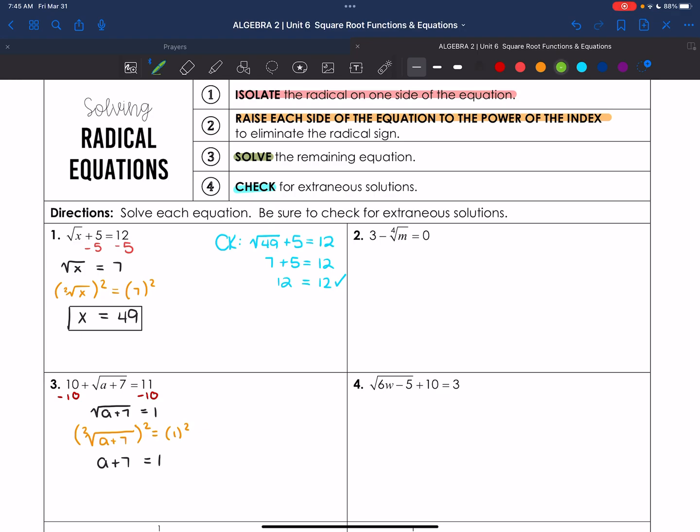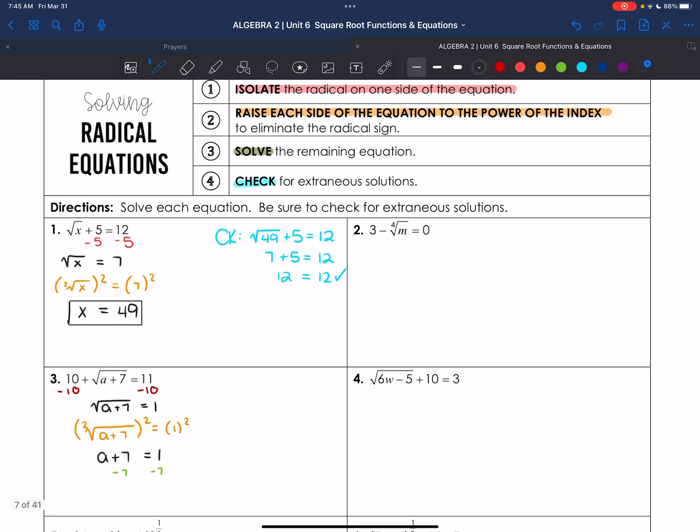Now we do have a step 3, which is to solve the remaining equation. I'll do that by subtracting 7 on each side, and that's going to give me a equals -6. That is the result.